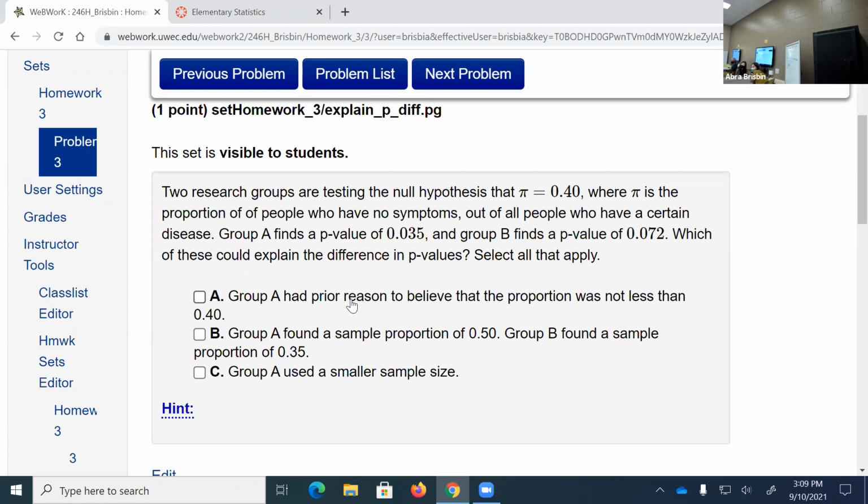And then implicitly, if we suppose that group B did not have that same prior reason, their null hypothesis would be the same, but their alternative hypothesis would be a 2-sided alternative hypothesis, that pi was not equal to 0.4. So how does the type of alternative hypothesis affect the p-value?